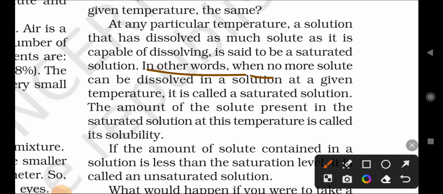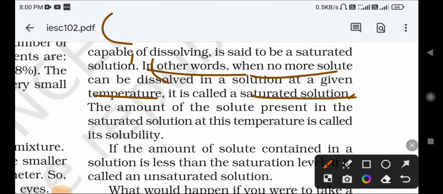In other words, when no more solute can be dissolved in a solution at a given temperature, it is called a saturated solution. So at a particular temperature, when there is no more dissolving of solute in a solution, it is called a saturated solution. These are simple definitions. We can write either this one or this one.